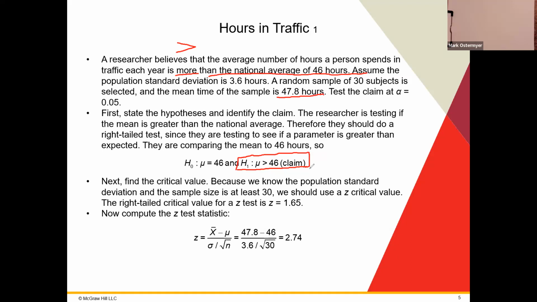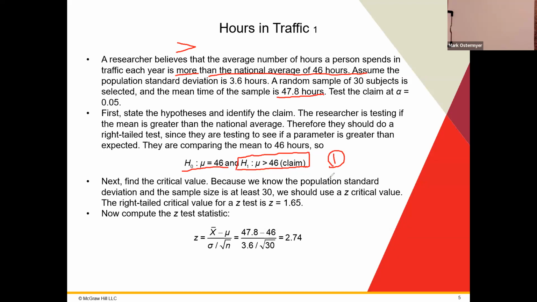It's our hope that our claim is supported by sample evidence and hypothesis testing. But we'll find out. By the way, the null hypothesis would be saying that the population mean wait time is equal to 46 hours and not greater than 46 hours. All right, so that's step number one, where you establish clearly your hypotheses that you're testing.